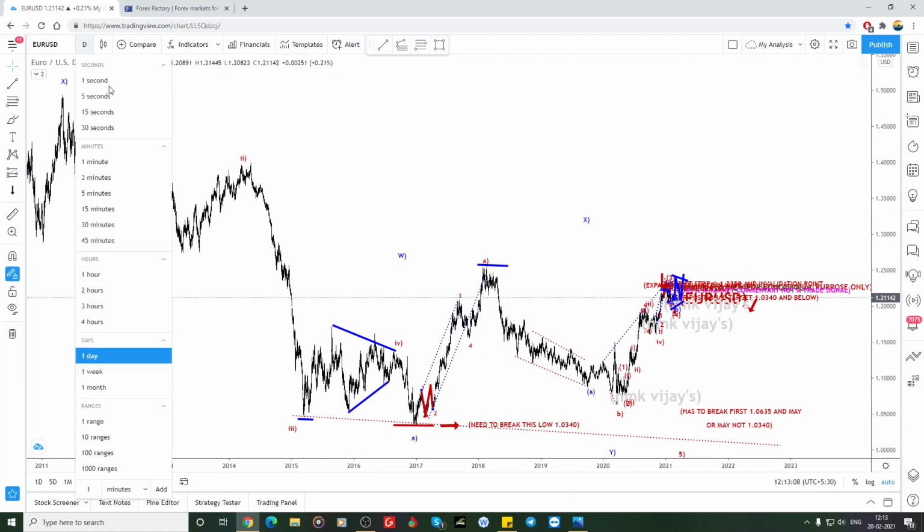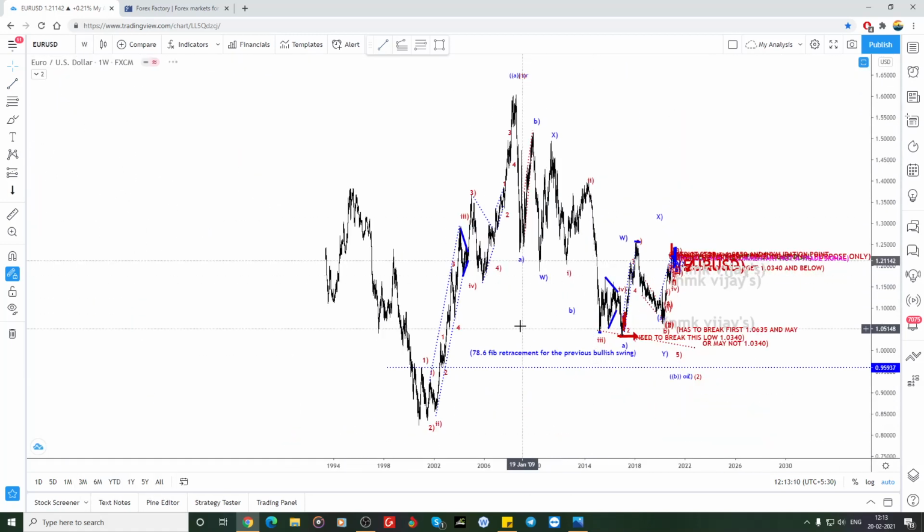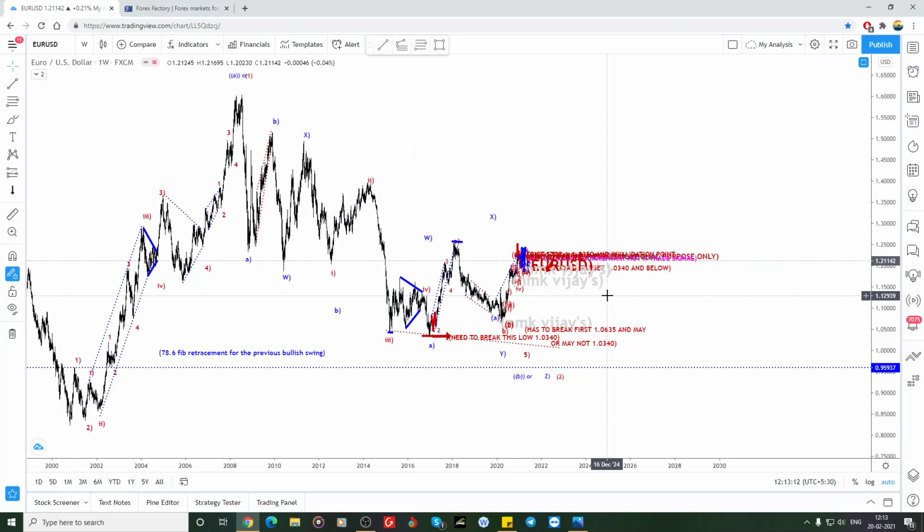That is sure. Or what it will do, the whole thing, you see, W, X, this is the A. It could make a complex correction also, and then it can come down also. This A, B, C means it's a W, and again it could be a W, X, A, B, C.